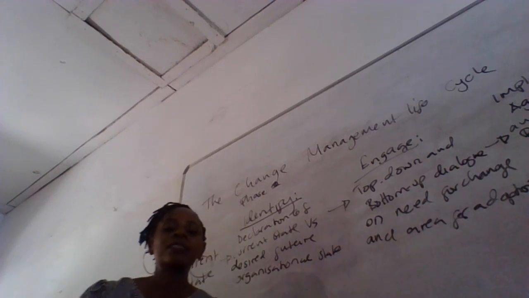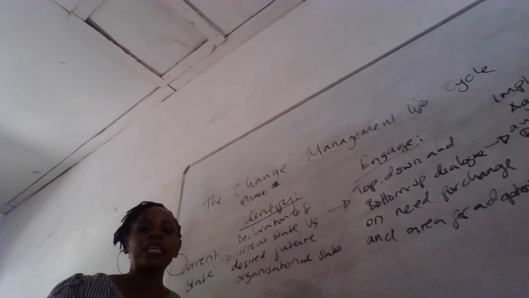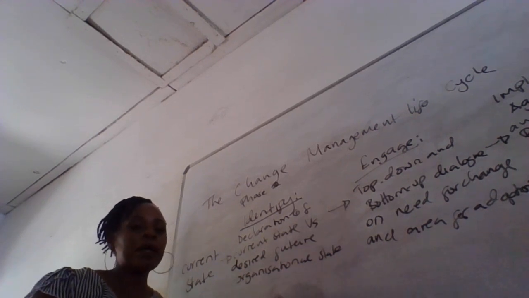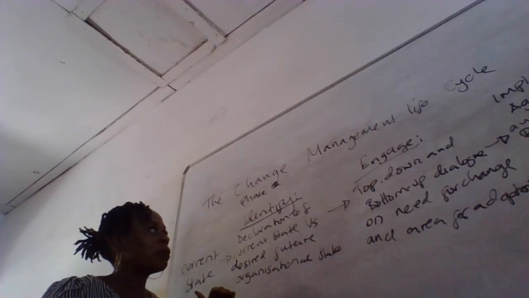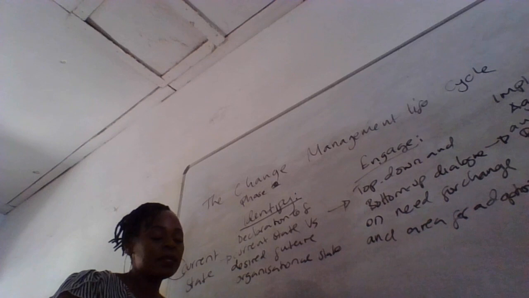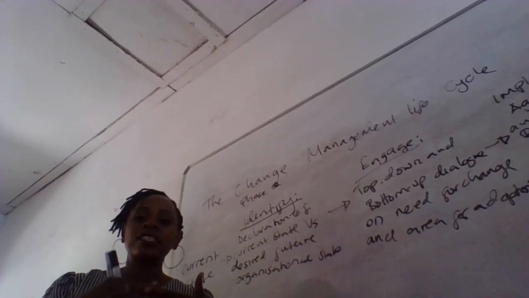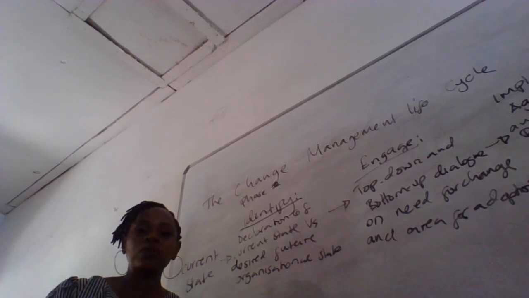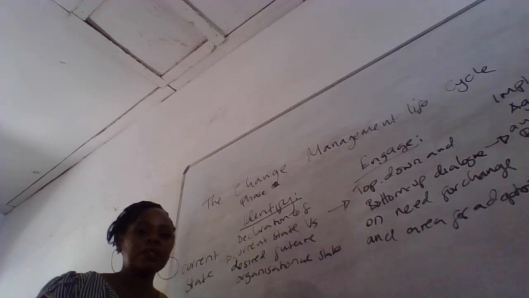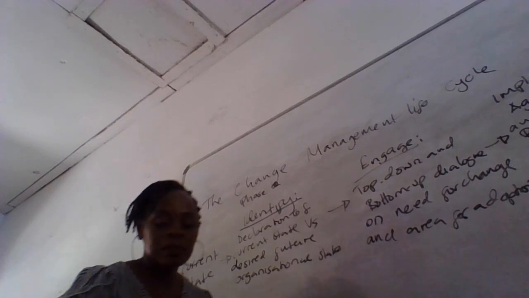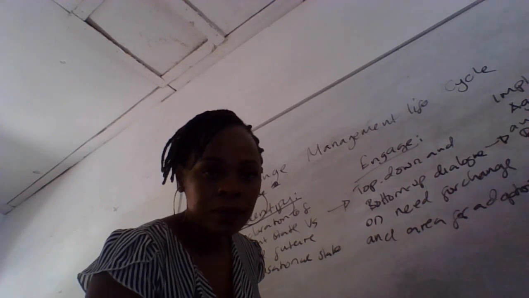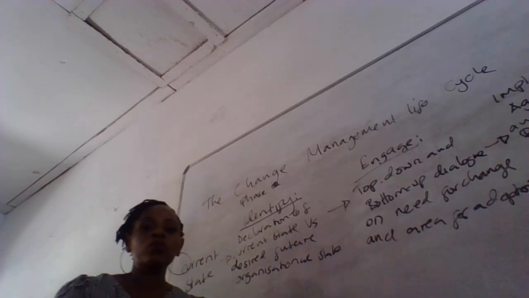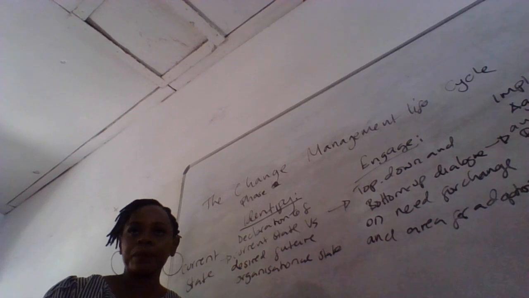So to ensure successful change, organizations should introduce a change effort during the identify stage using the following techniques. So during the identify stage, as change agents, you need to introduce change effort using a number of techniques. So you get people's attention, okay?